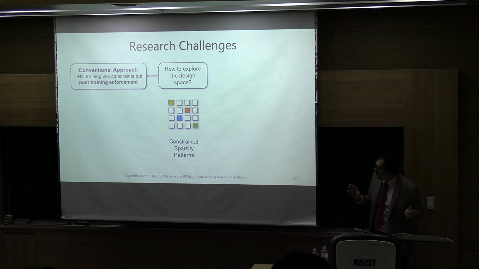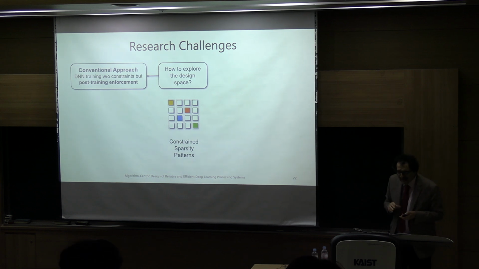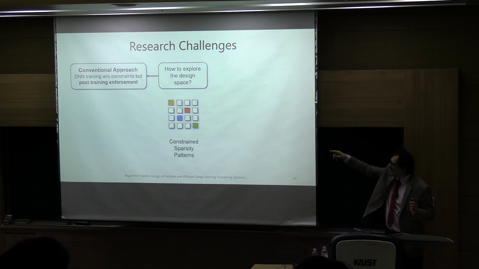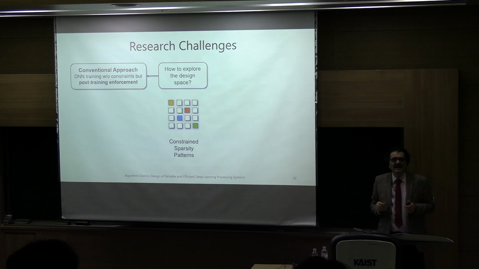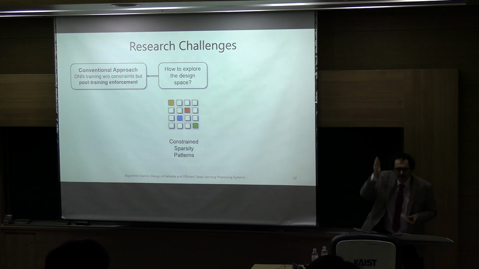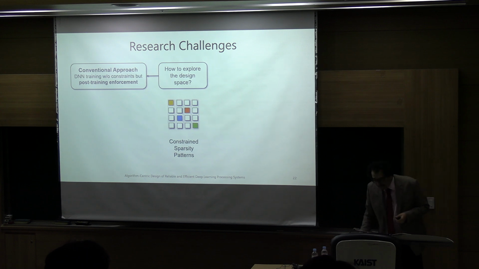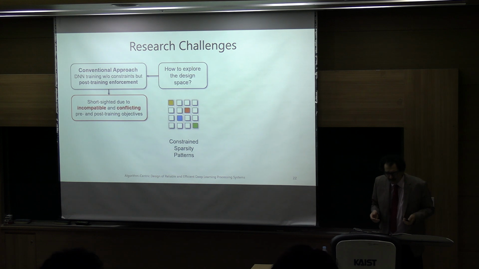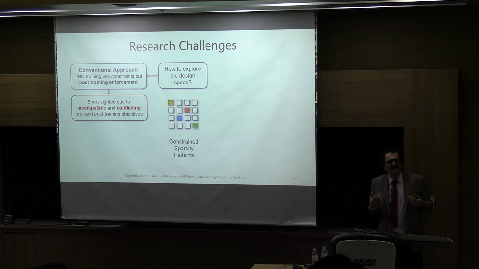So the conventional approach here is, you train this without the constraints, without the constraints of this nice structure. And then once you have trained it, you do post-training enforcement. The post-training enforcement will deliver results for you, but with a lot of difficulty to get good results.